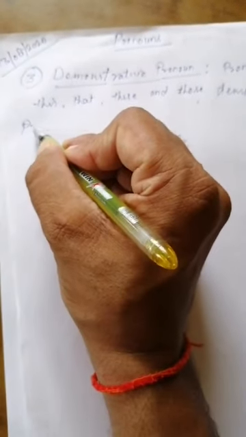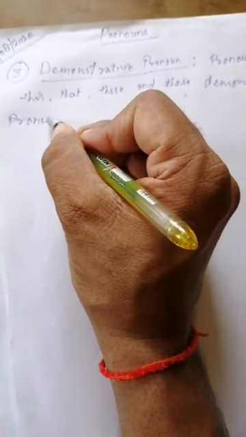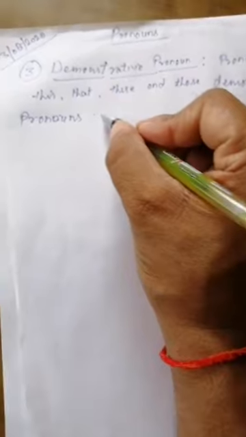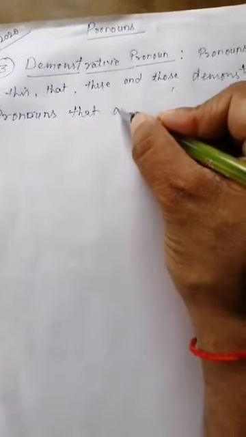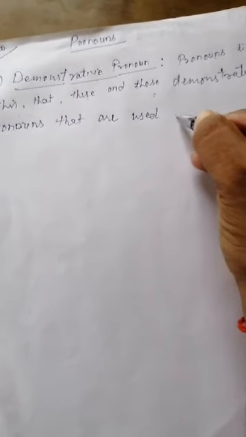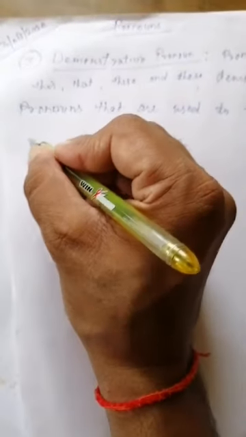So what are demonstrative pronouns? Demonstrative pronouns, now try to understand, are used to point out the objects.